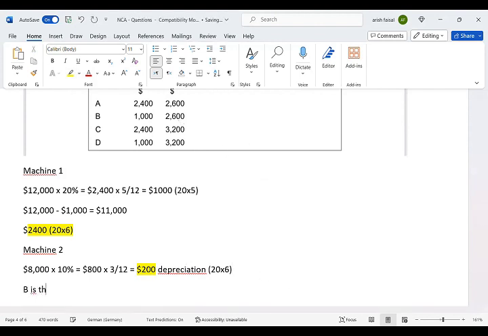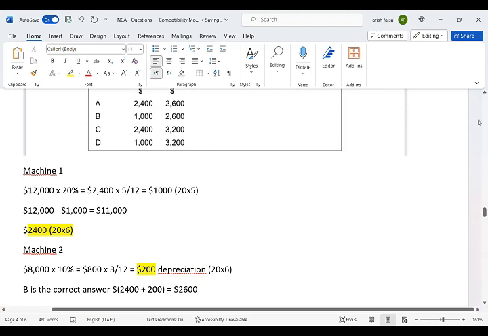So B is the correct answer. Because for the first machine, you have 2400 depreciation. And for the second, if you add 800 by mistake, you will get 3200, which is the wrong answer. You only have to add 200 because it has to be prorated for 3 months. And hence the total depreciation for that specific year would be 2600.